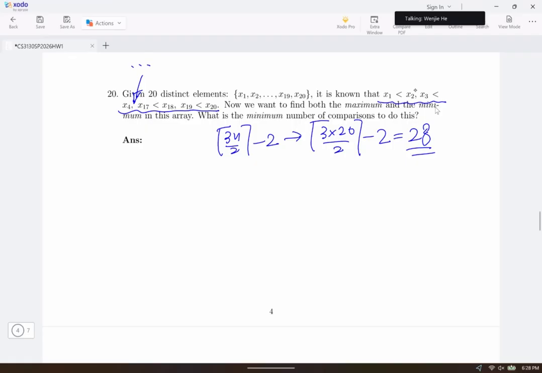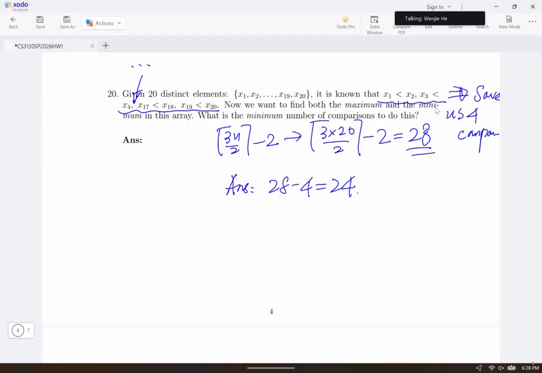When we add these 4 inequalities back, they can save us 4 comparisons, right? That's correct. So the answer is 58 minus 4 equals 54. No problem. Yes, we can save 4; 4 of the comparisons can be saved by the given condition.